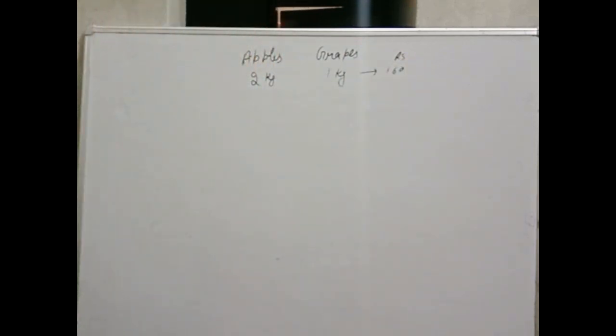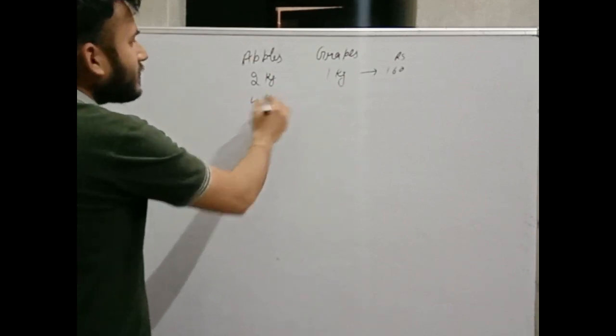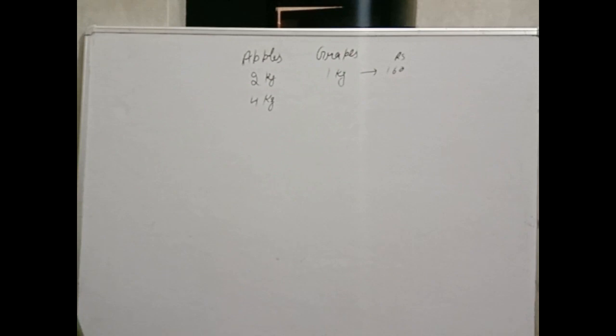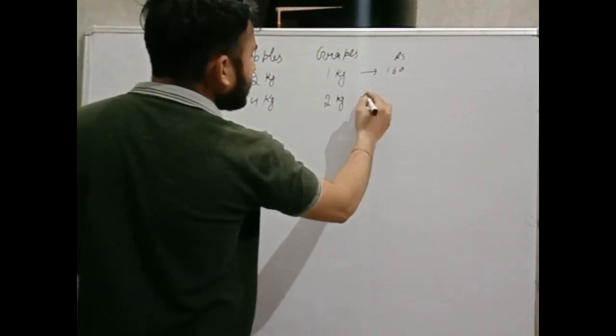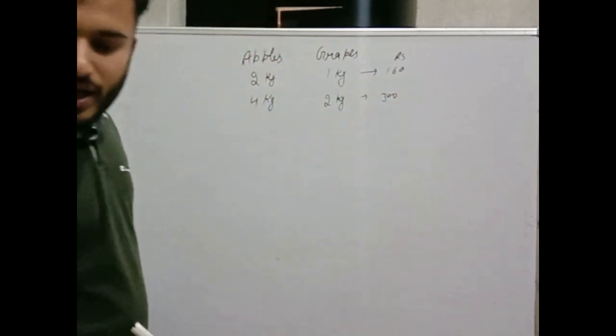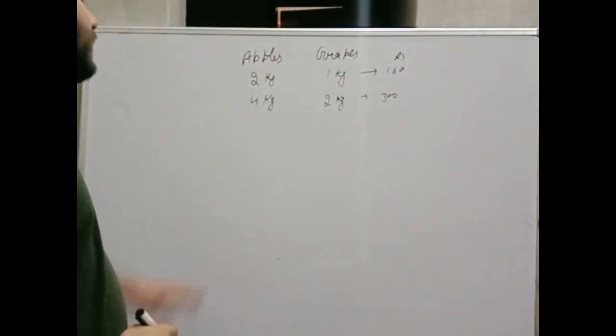And after a month, the cost of 4 kg of apples and that of 2 kg of grapes is 300 rupees. And you are asked to represent the situation algebraically and graphically.